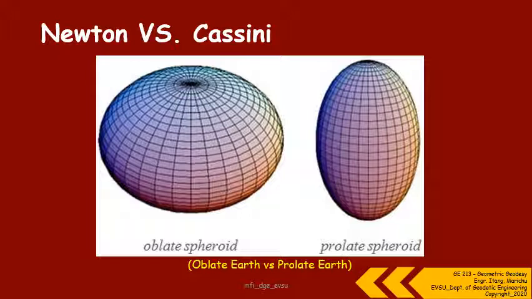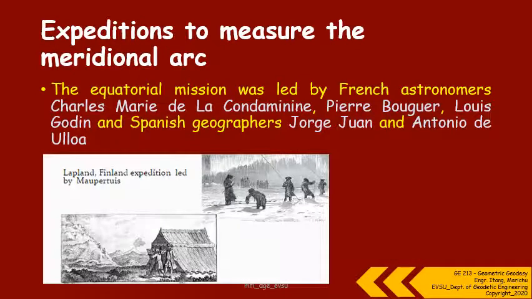opposite to Newton. So to determine which proposal is correct, some astronomers conducted a triangulation. They measured the meridional arc to determine which is longer, either a prolate or an oblate spheroid. We have here an expedition to measure the meridional arc.